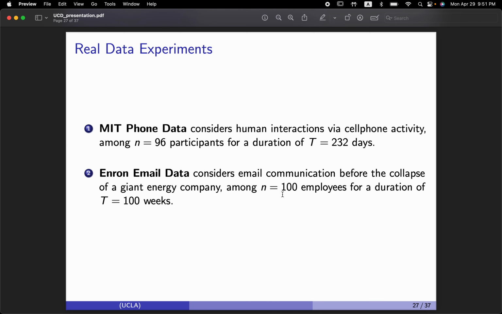The first one is the MIT phone data, which considers human interactions via cell phone activities among 96 participants for a duration of 232 days. And the second dataset is the Enron email data, which considers email communications before the collapse of a giant energy company among 100 employees for a duration of 100 weeks.